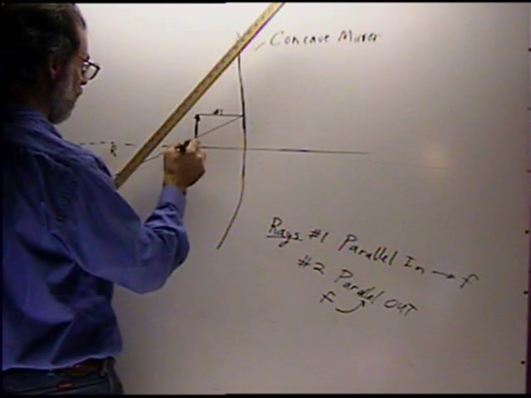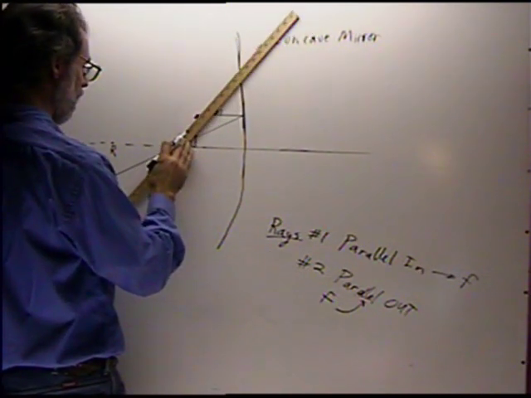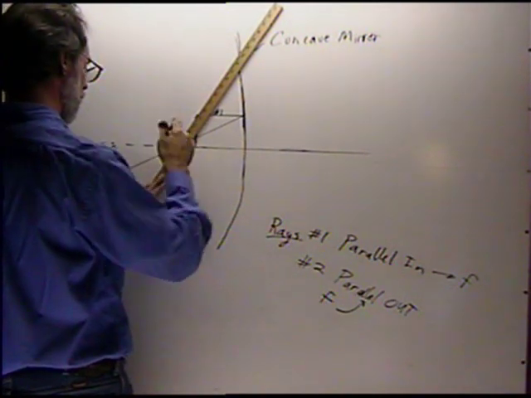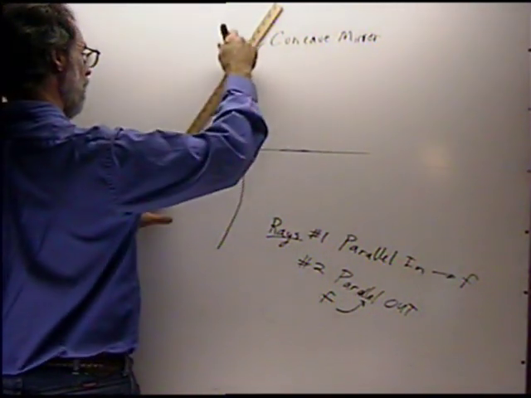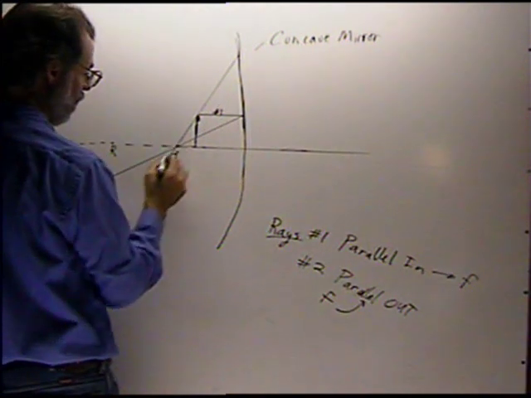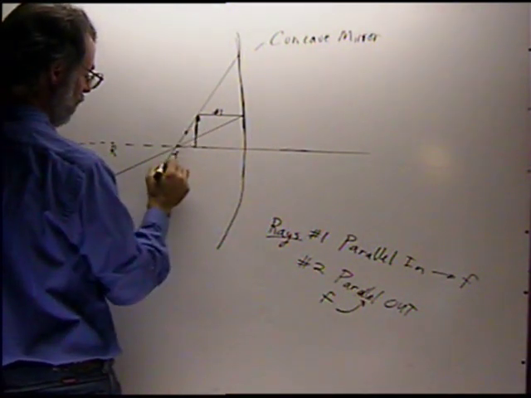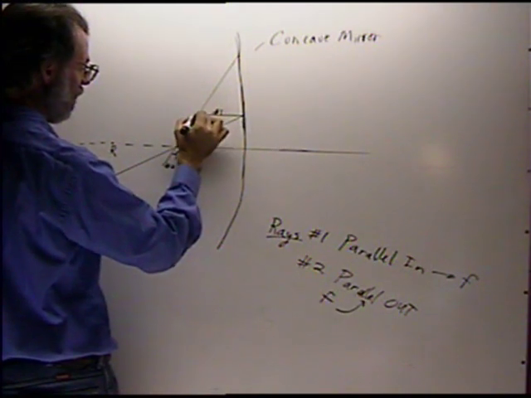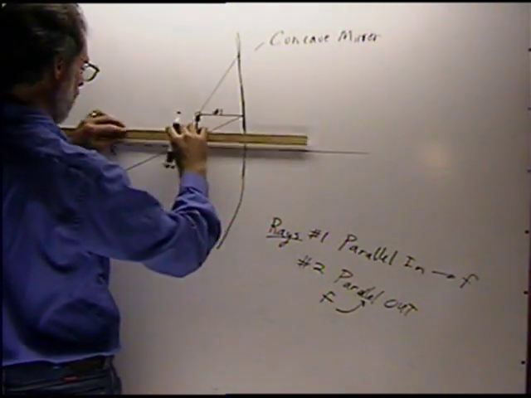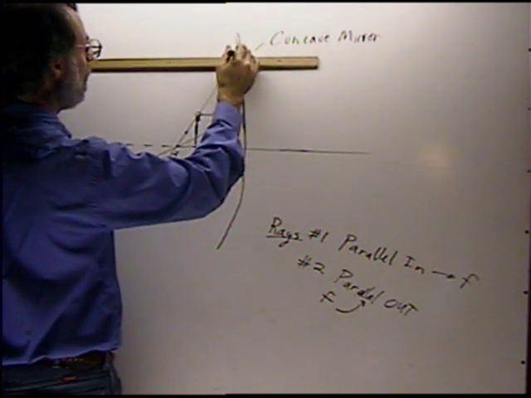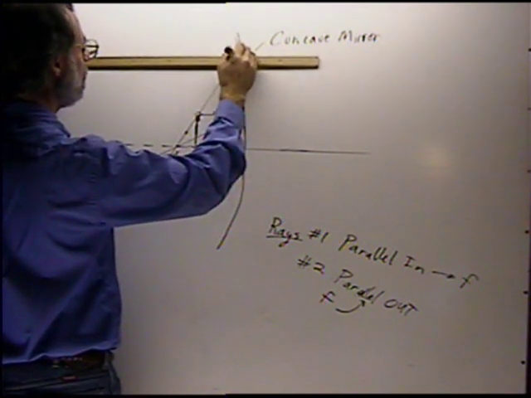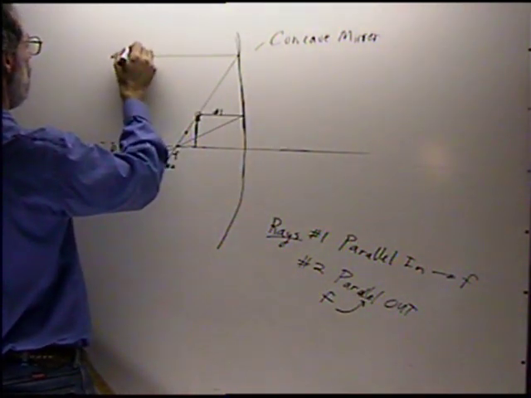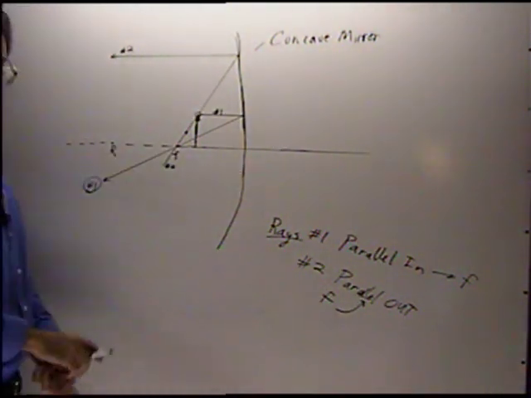We start at the focal point, and it comes way up here, and we have to hit this. So this ray comes through the focal point. This is ray number 2. It hits the tip. We always are working with the tip, and then it comes parallel out. So that's ray number 2.